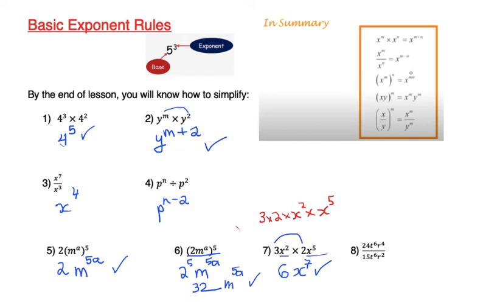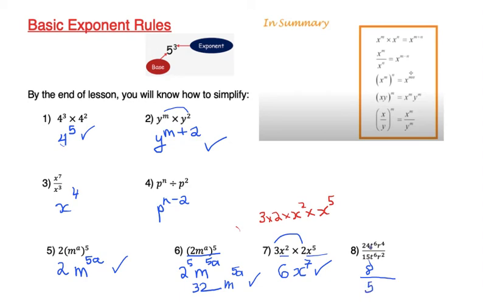Okay, last one. So similarly, if it's just coefficients, then just deal with them as coefficients, okay? So 24 divided by 15, we're not going to subtract it. These are numbers. So what are they both divisible by? They're both divisible by 3. Okay, so let's divide them by 3. And 24 divided by 3 is going to be 8. And 15 divided by 3 is going to be 5.